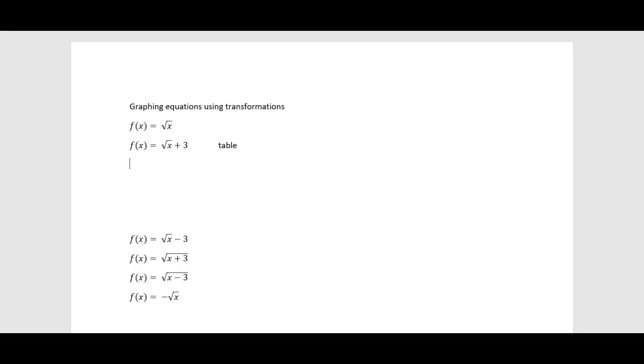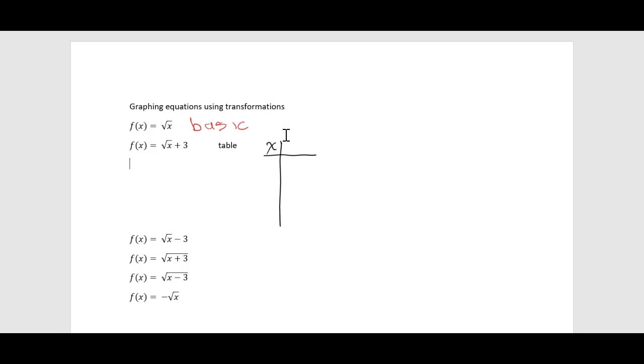I have a summary of the functions that we just graphed. So the square root of x, this one is just our basic graph. And when we have the transformation of the square root of x plus 3, the way that we did it in class is, how about if we construct a table?